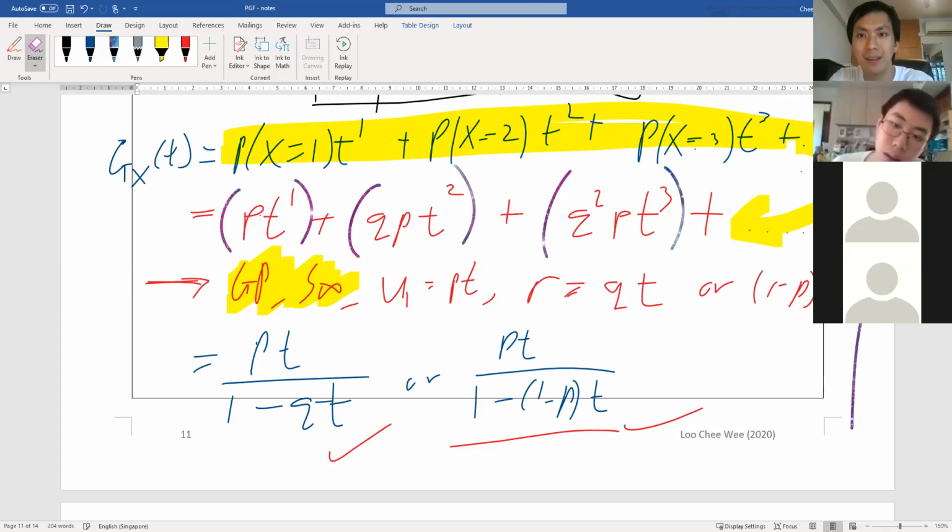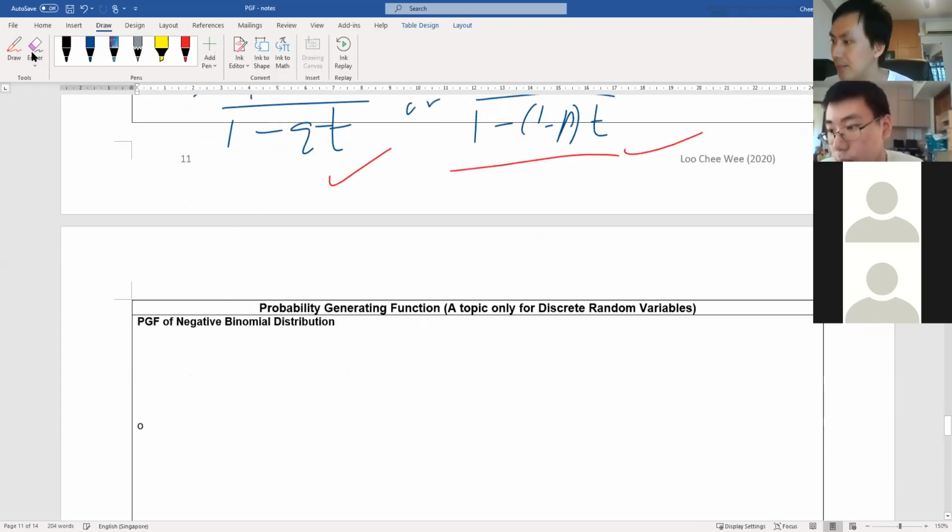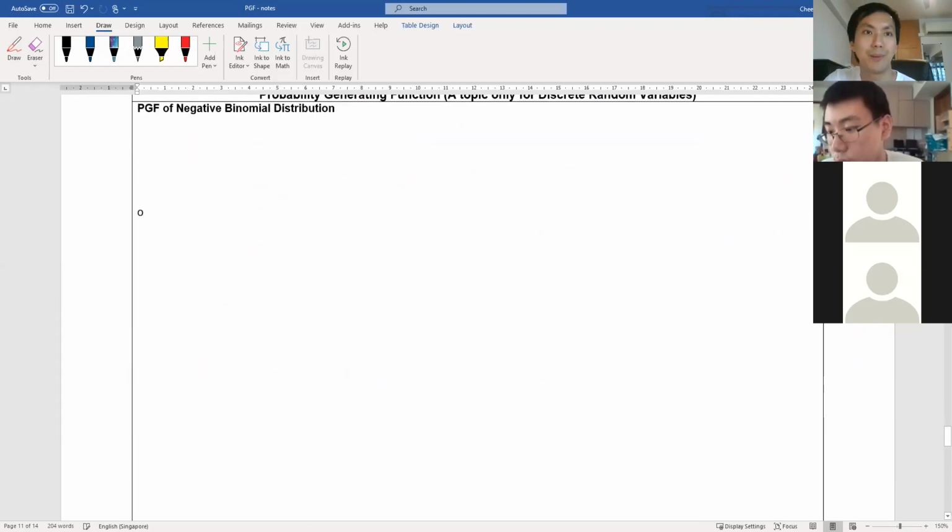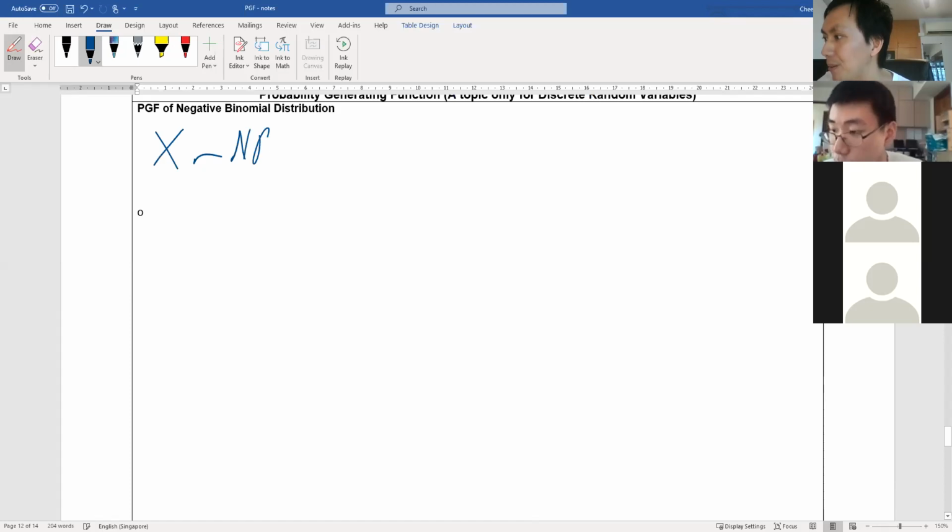Now the last one will be negative binomial. For negative binomial, if you were to go through the stuff, you will go nuts. So for negative binomial, let's just go through the process first. X is negative binomial, let's say 3, 1/4.